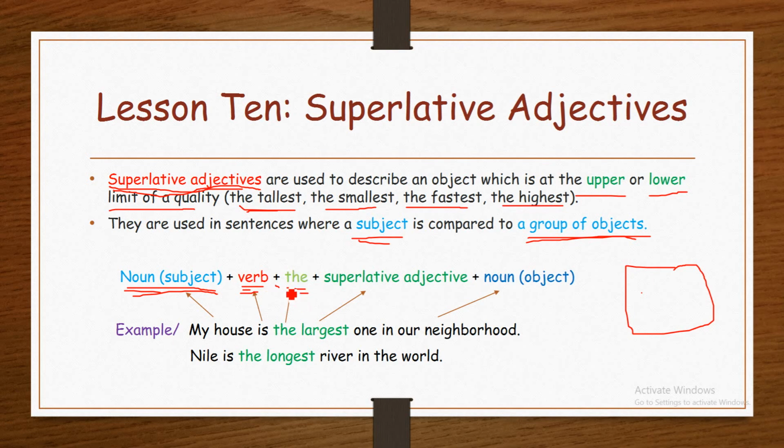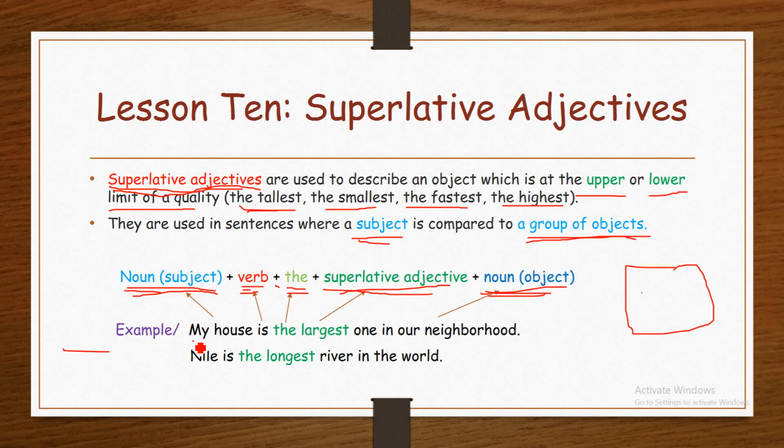But here in superlative adjectives, we use the before the superlative adjective, plus the object of the sentence, the second noun.